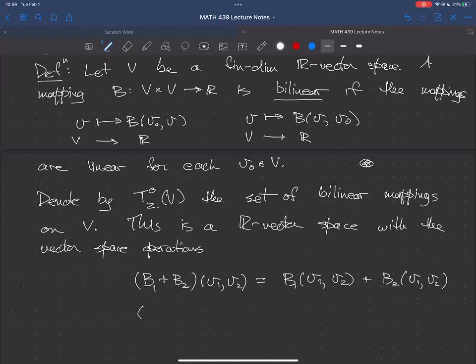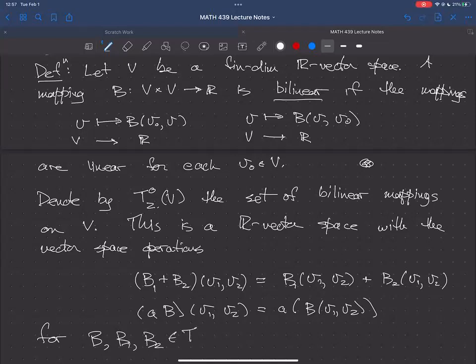And then similarly for scalar multiplication. Here you're defining B1 plus B2, and here you're defining aB, where B, B1, B2 are bilinear mappings and a is a scalar.